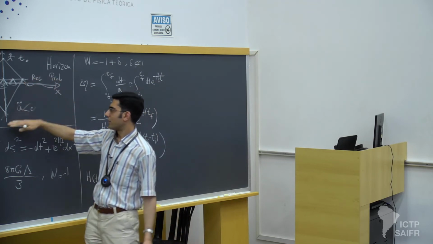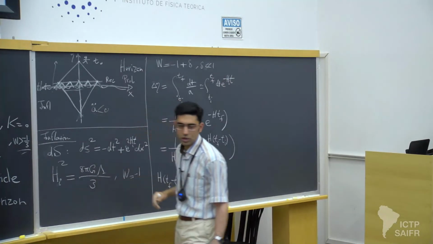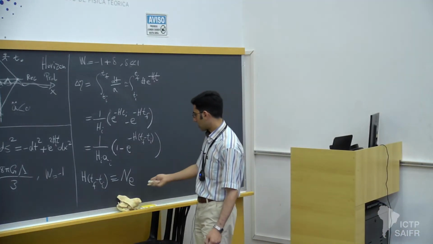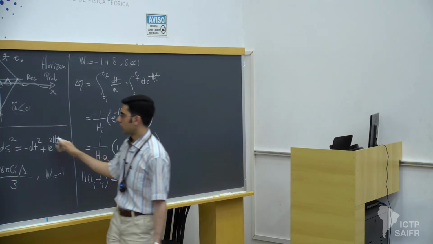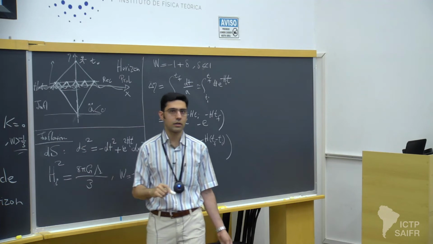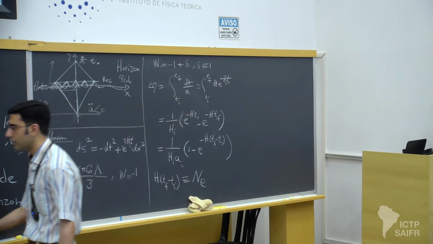So that's what this exponentially expanding phase does for us. Okay, so the quantitative question to ask is: how many e-foldings of inflation do we need to solve the problems that we were dealing with?